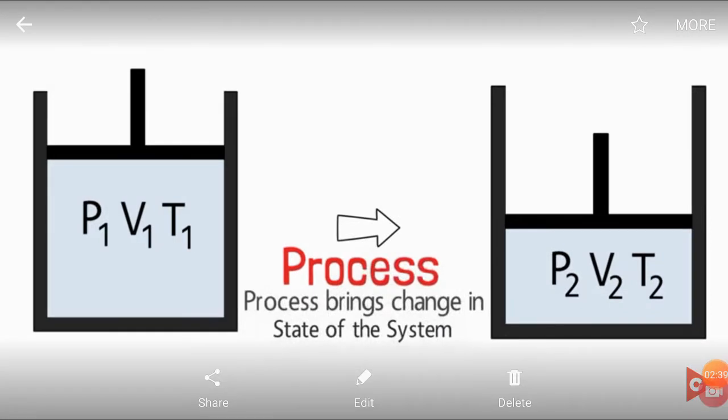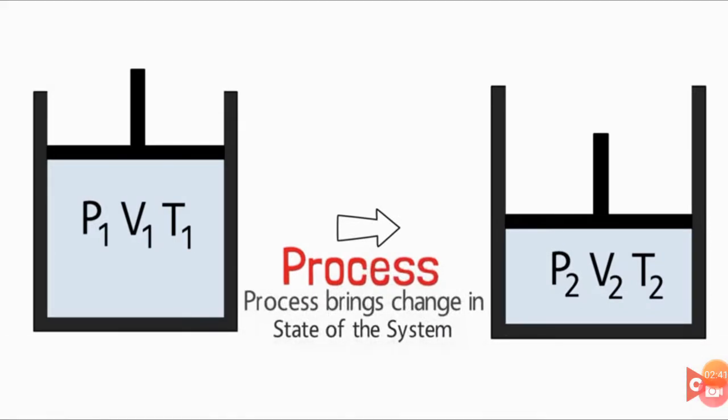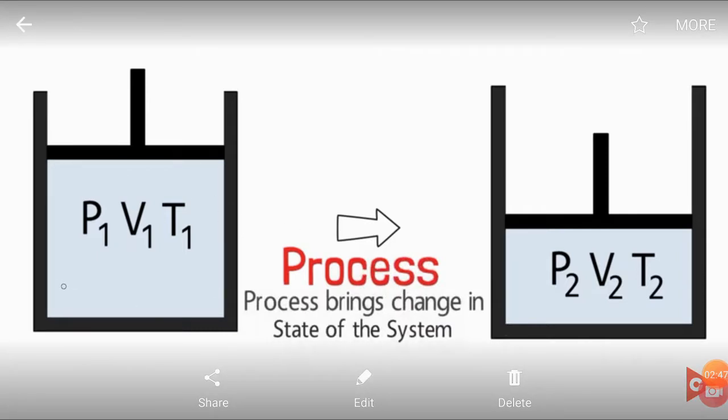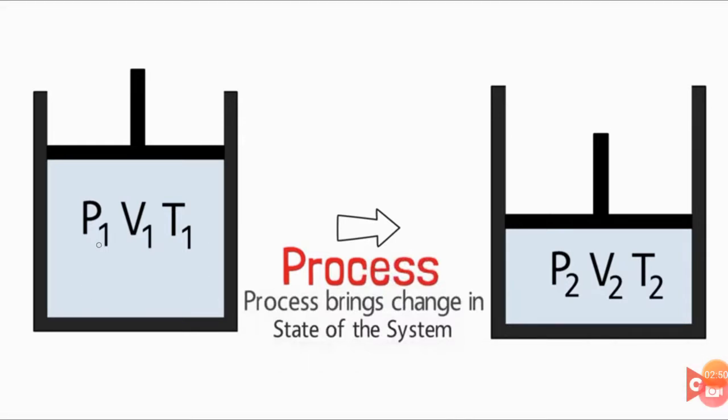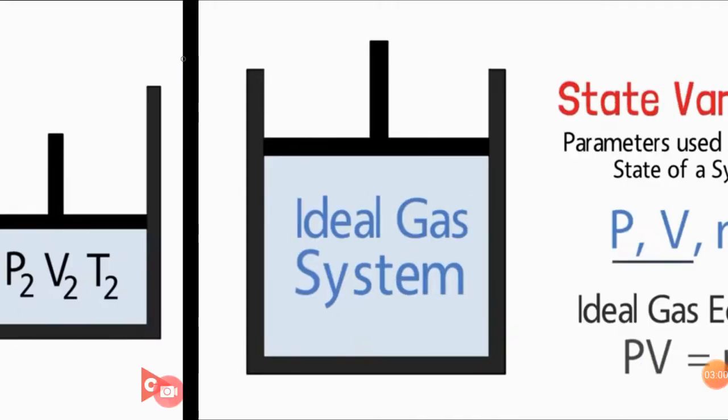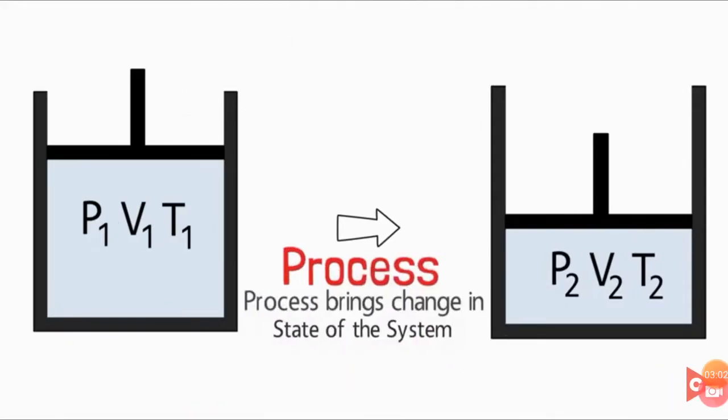For example, like I told you for the compression process, in the figure you can easily understand that in state 1 the volume is higher, and the pressure and temperature have some values. But if the process goes from state 1 to 2, the volume decreases.